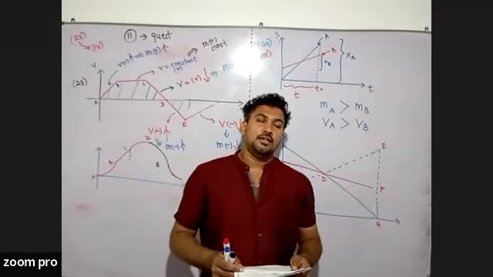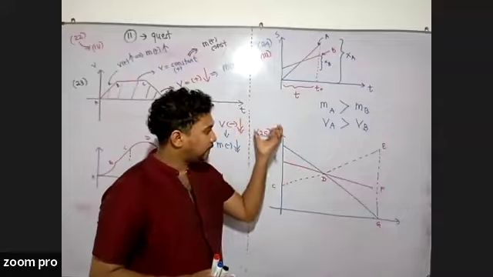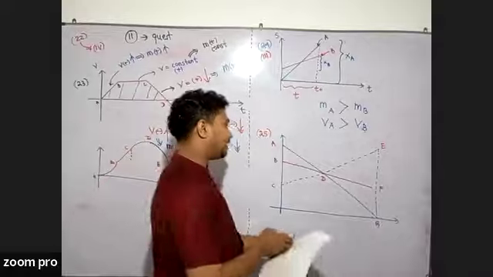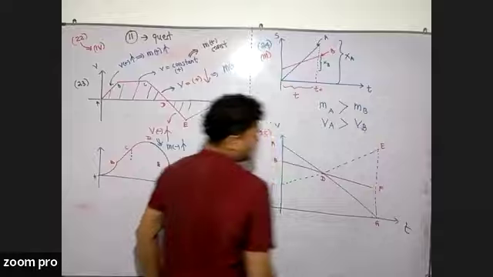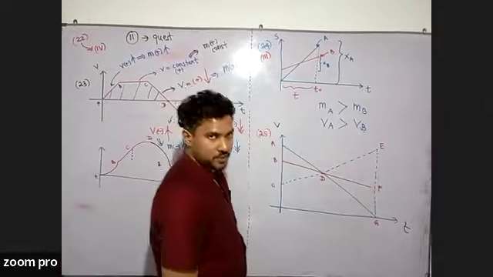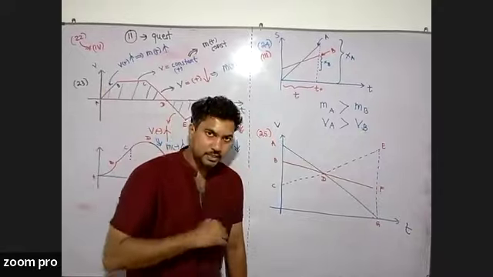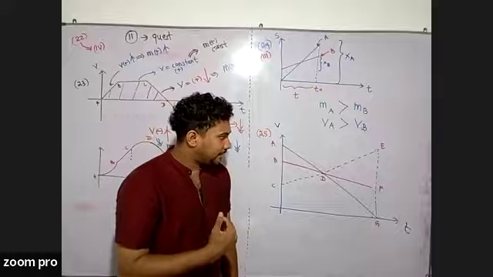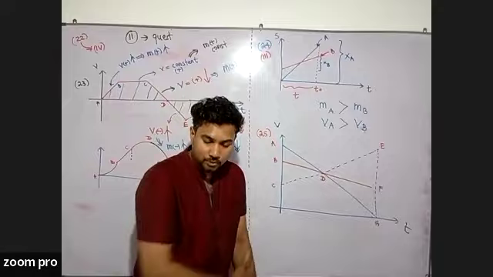The other thing is that by looking at the velocity-time graph, by considering the area, you can obtain the distance traveled by the object, right? So if the distances traveled by the objects are equal, then the areas related to these three graphs should be equal.